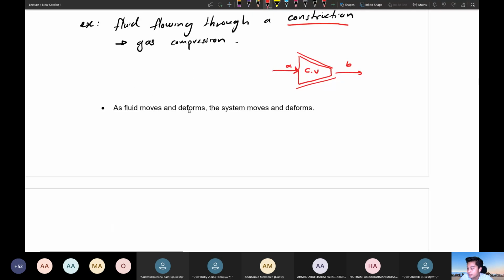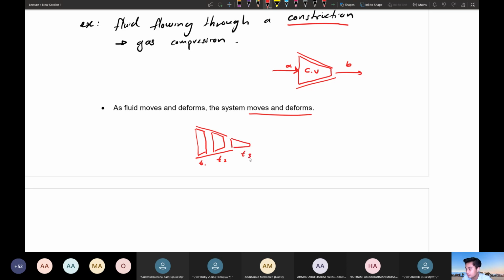As the fluid moves and deforms, you can see as the fluid moves from left to right, it will deform. Alright, the system moves and deforms. This is the difference. Okay, this is the system at time 1, this is at time 2, and this is at time 3.